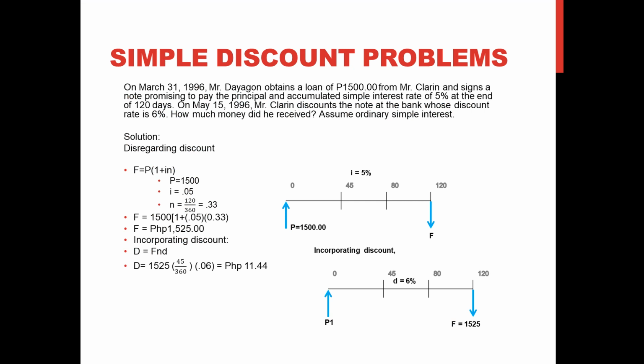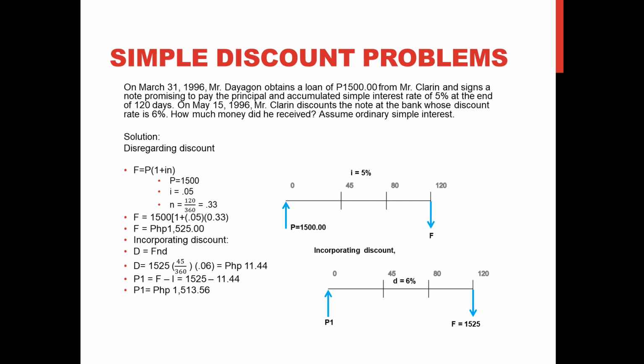We'll be having a discount of 11.44. So from that, we'll just have to deduct 11.44 from the future. So therefore, 1,513.56 ang na-receive ni Mr. Diagon.